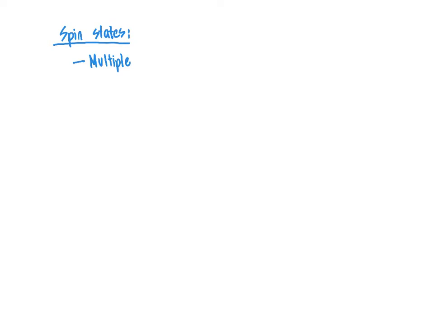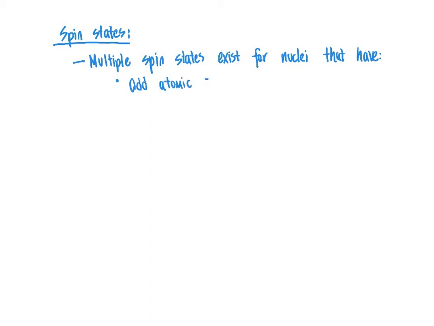So in order for there to be multiple spin states, which are a prerequisite for this phenomenon called nuclear magnetic resonance, multiple spin states will exist for nuclei that have either an odd atomic number, where remember that the atomic number refers to the number of protons within that particular atom.